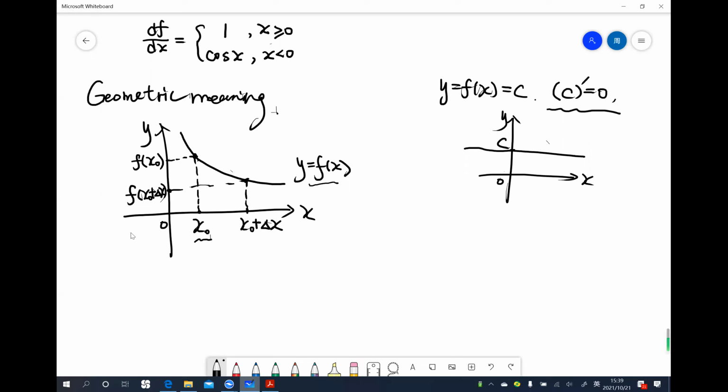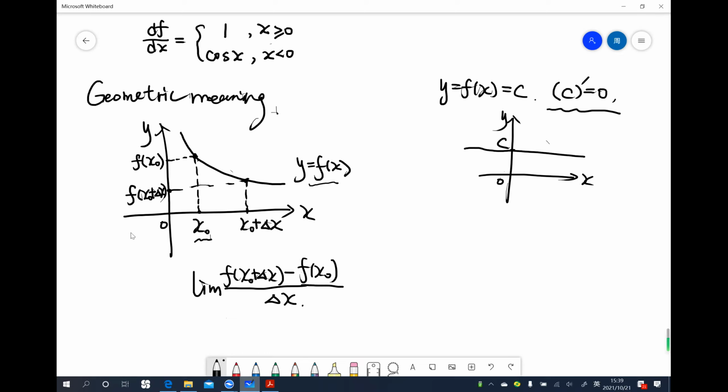And from the definition of the derivative, that is the limit of f of x0 plus delta x minus f of x0, divided by delta x.